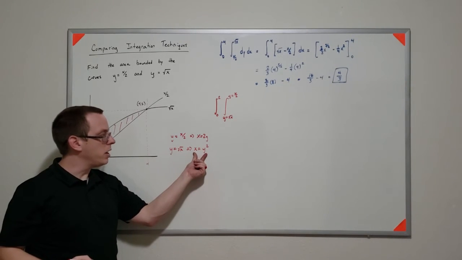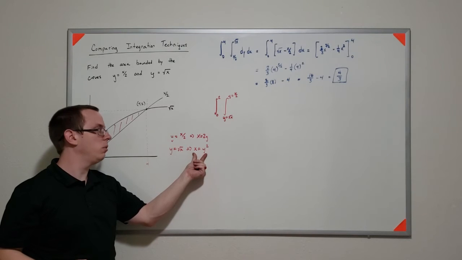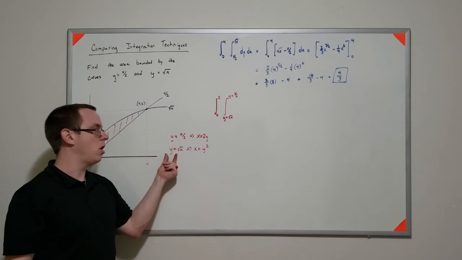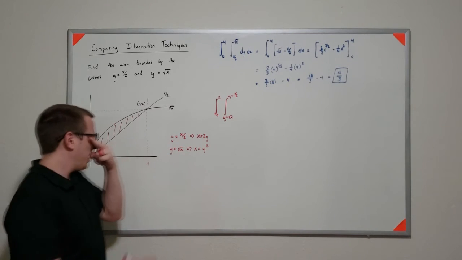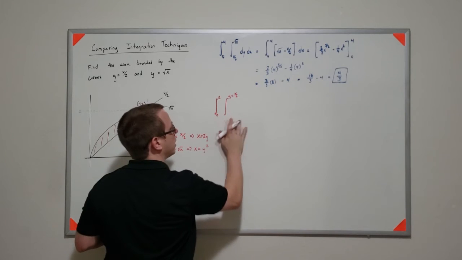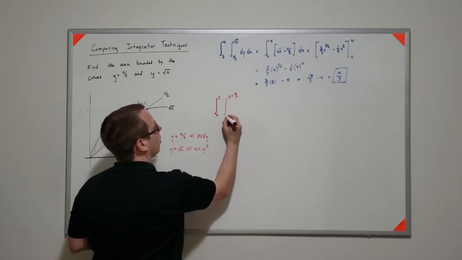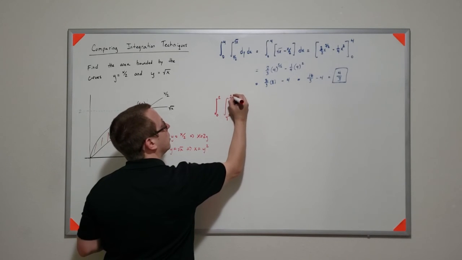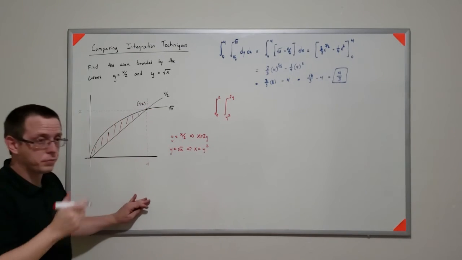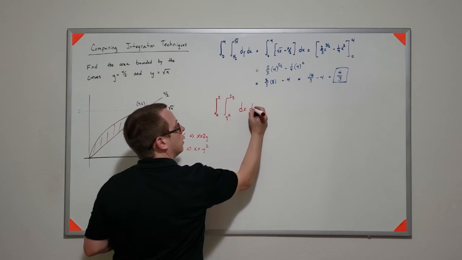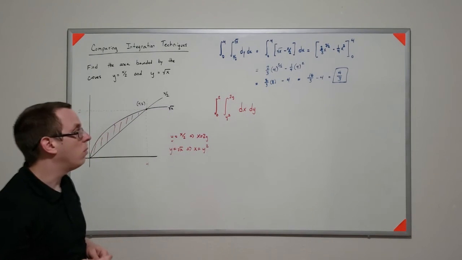Now the caveat here, this only really makes sense if y is non-negative, is 0 or positive. And in this case it is, so we don't have to worry about that. So instead what I write is I say it goes from y squared to 2y. And instead of dy dx, I get dx dy.